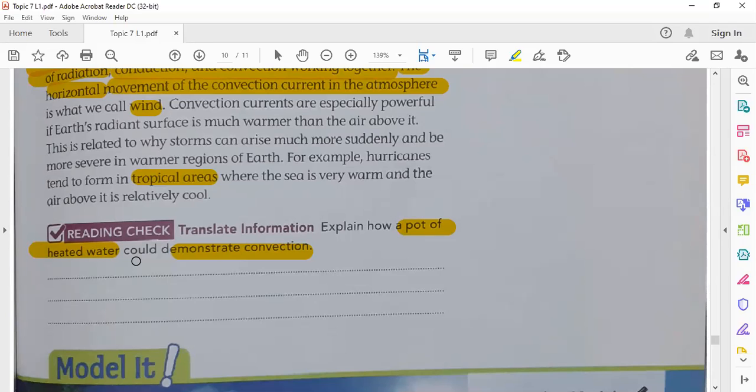Then it becomes less dense and this part of water floats or goes to the top, like this. This is a pot of water. The part of water here that heats floats. Then the colder water sinks. Then the colder water heats again and floats, and the cycle repeats until all the water in the pot becomes hot.